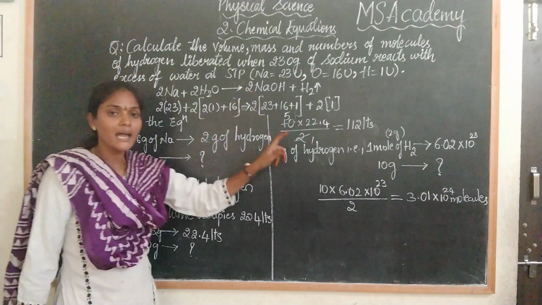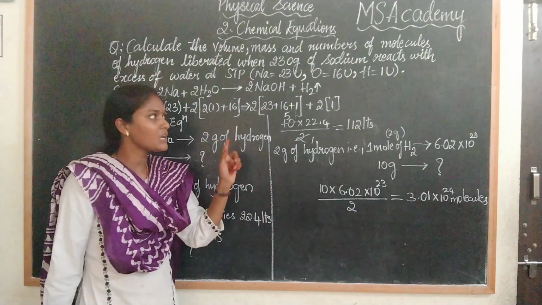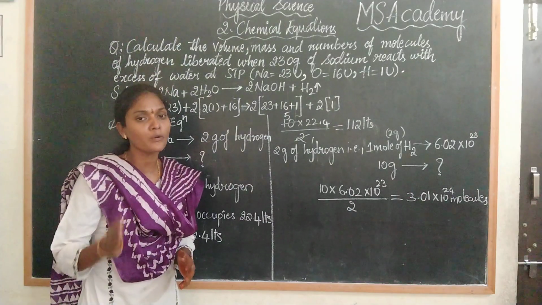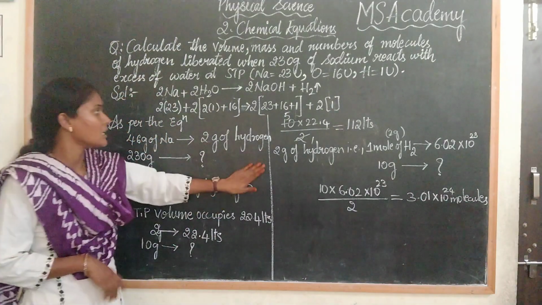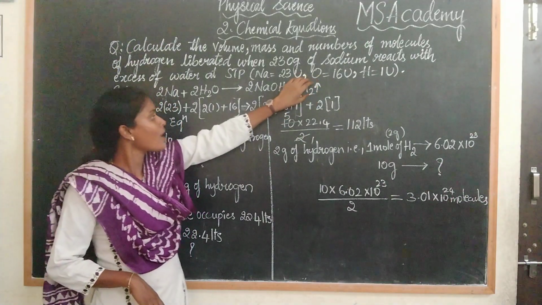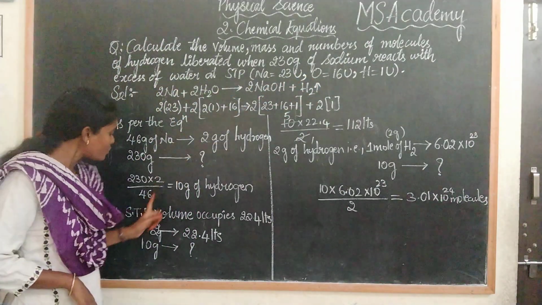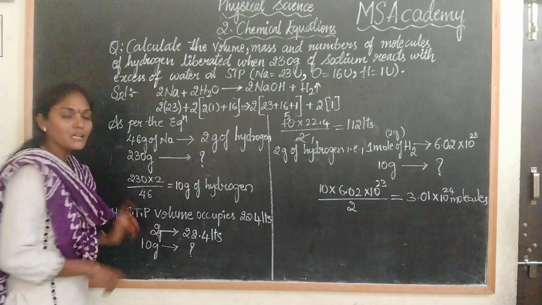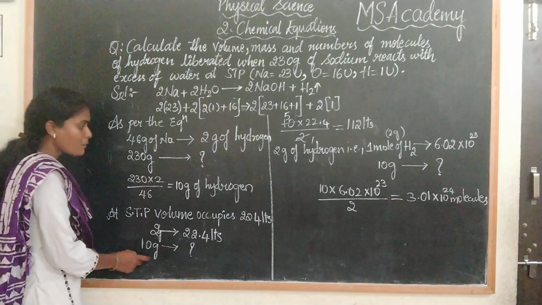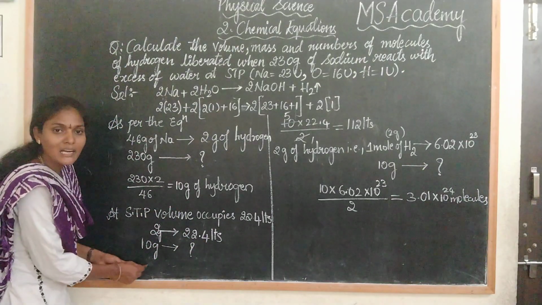When this equation is happening at STP, the volume occupied will be 22.4 liters. The gas evolving here is hydrogen gas. As per this equation, 2 grams of hydrogen occupies 22.4 liters. Why do we calculate for 10 grams?